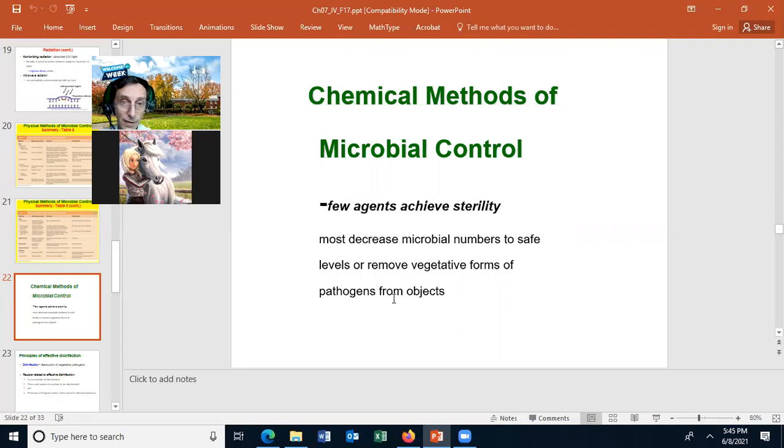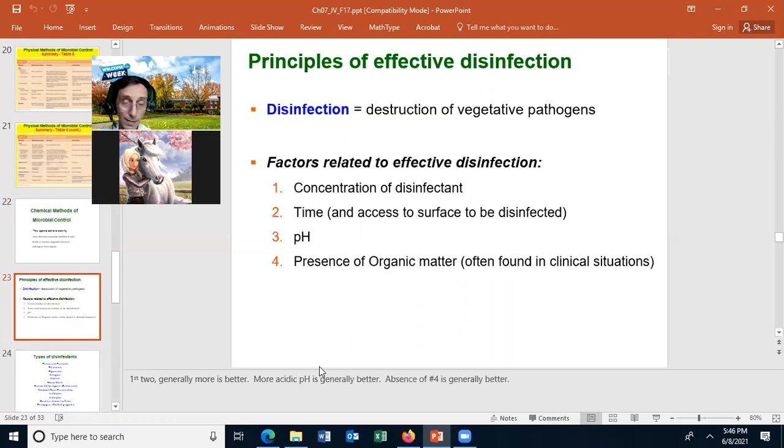They do not sterilize the agent which is being treated by the chemical antimicrobial agent. So when you disinfect your toilet, you don't sterilize it. You're just reducing the microbes on the toilet. And it's reducing it to safe levels, by the way.